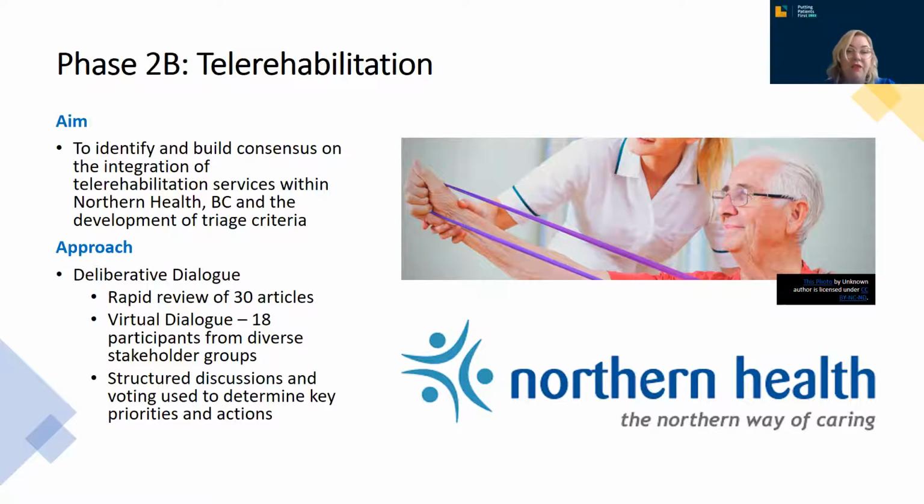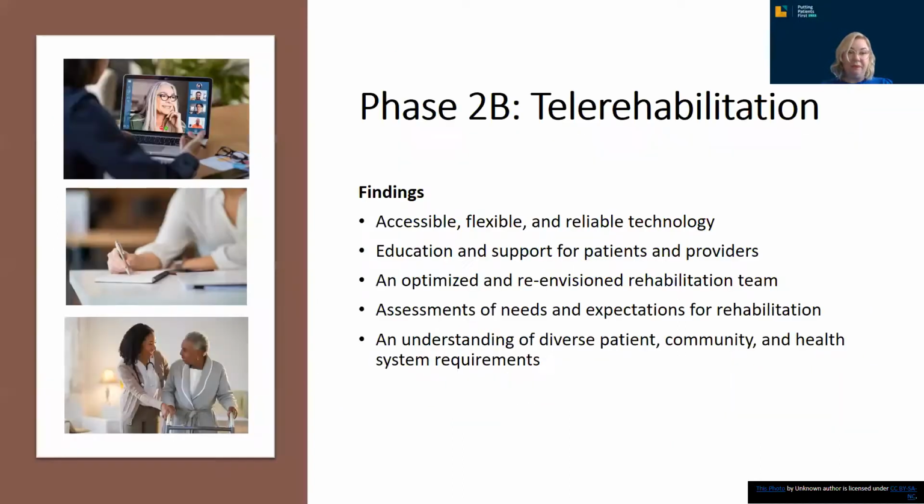We then conducted a virtual deliberative dialogue, and 18 participants from diverse stakeholder groups participated. This included a patient partner and other community members, as well as healthcare providers, health system administrators, and other knowledge users.